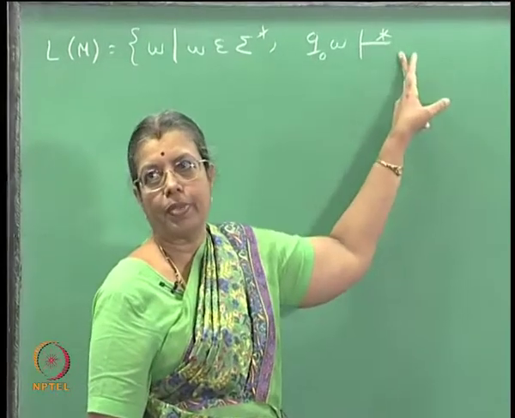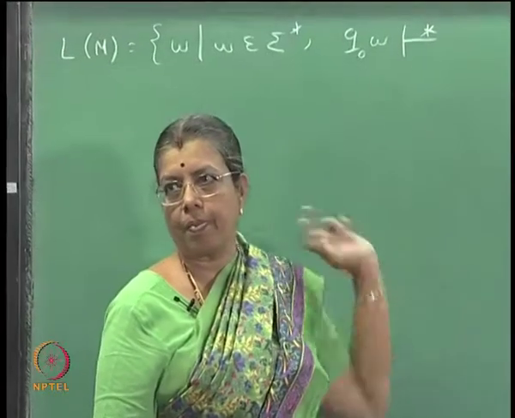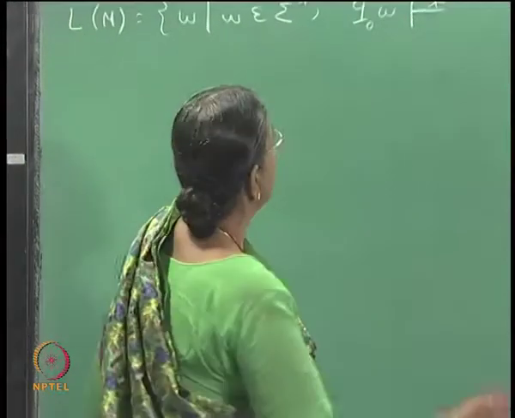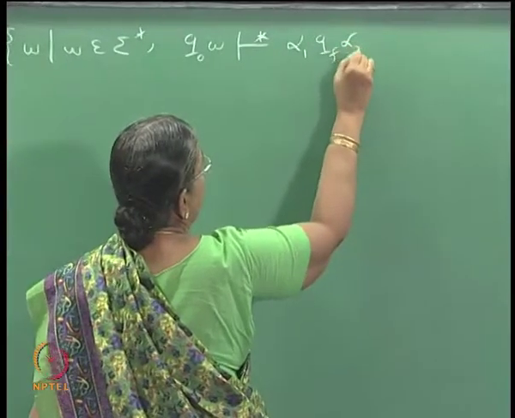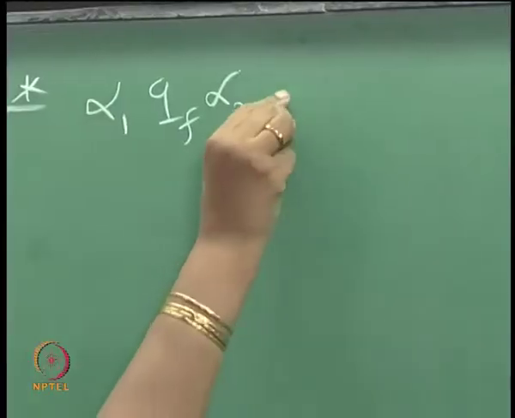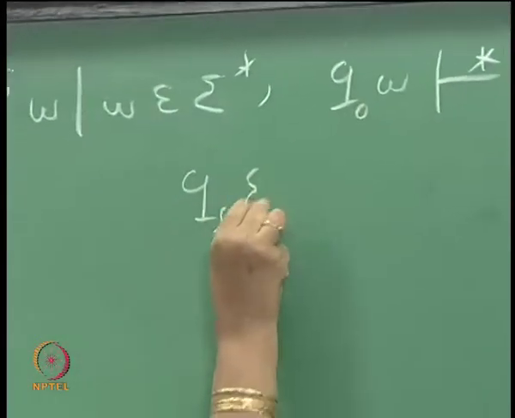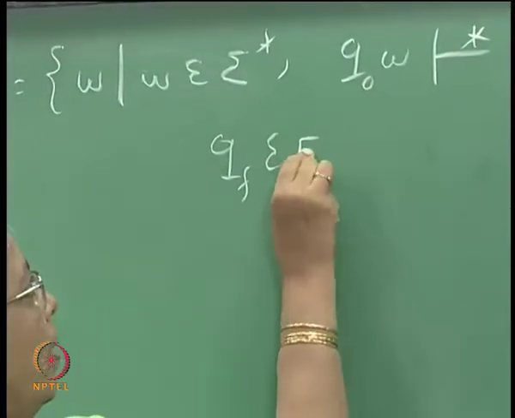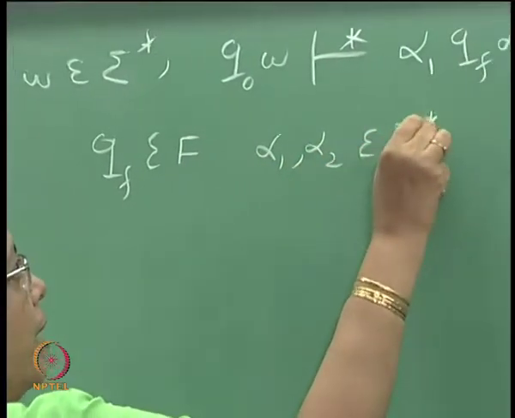This is as usual the reflexive transitive closure. If you get in many steps, you use the star. So, q naught W yields some alpha 1 qf alpha 2, where qf belongs to F, alpha 1 alpha 2 are strings over gamma star.